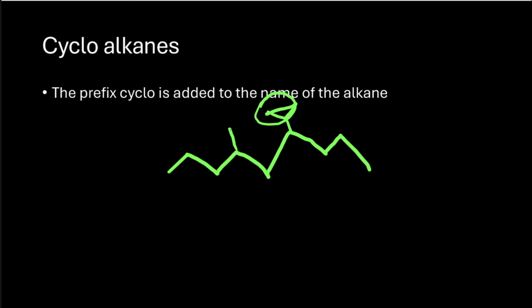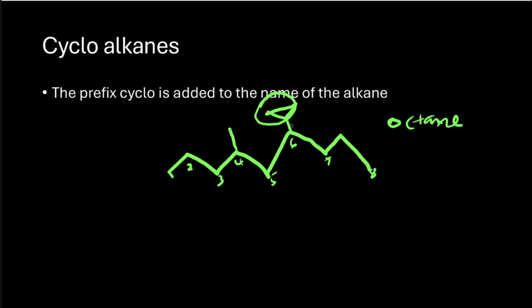So the rule says we should identify our longest straight chain. So this is 1, 2, 3, 4, 5, 6, 7, 8. So this indicates our longest straight chain, and an alkane with 8 carbon atoms is known as octane.